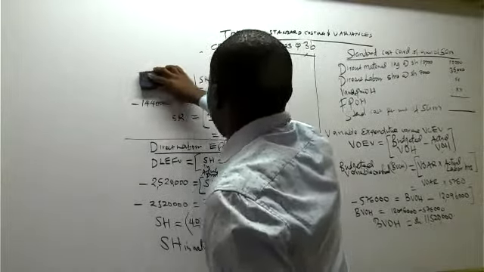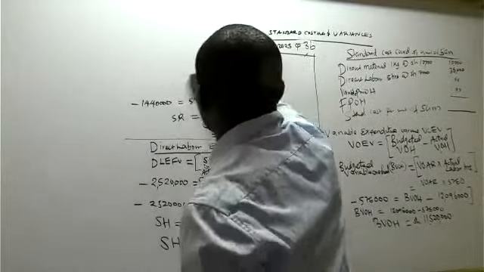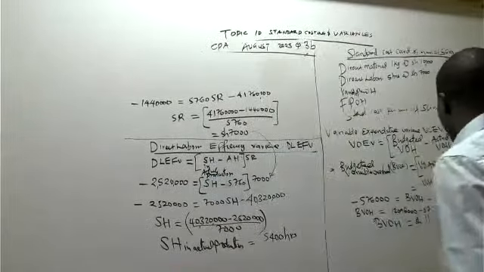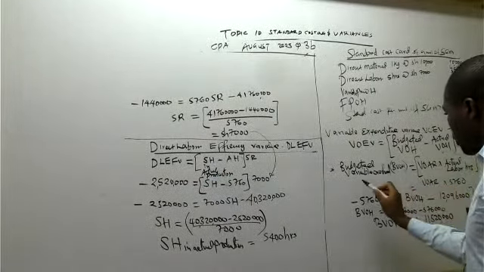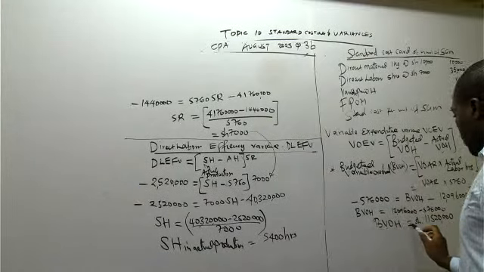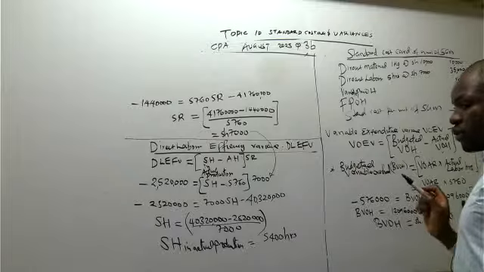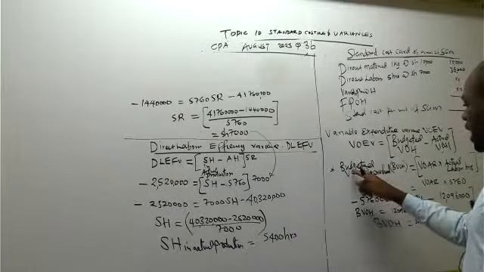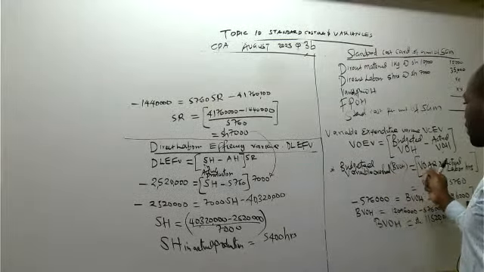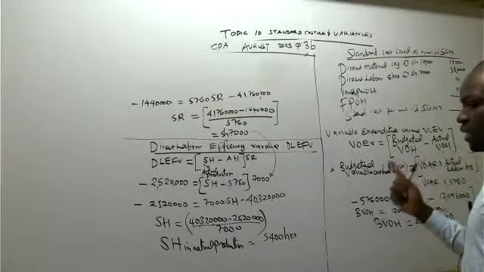We cannot have two unknowns. We cannot lack budgeted variable overheads and again lack variable overhead absorption rate at the same time.